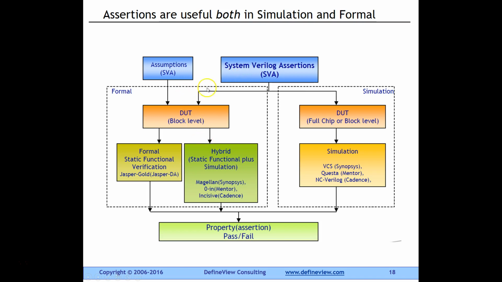Basically assertions are applied on the formal side, and assertions are also applied on the simulation side, which is what we are going to discuss in this course. Between these two, you will exhaustively verify a given piece of logic, a given subblock, or the chip itself. And then you will know whether the property passed or failed.